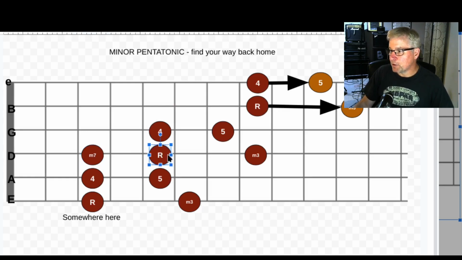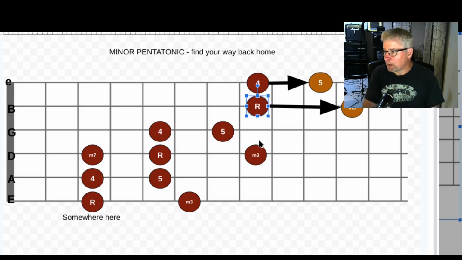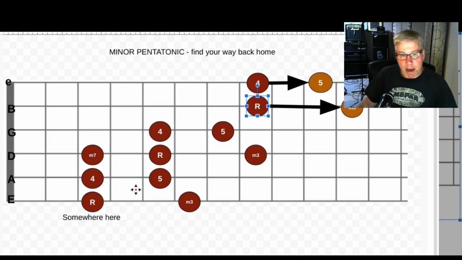It's going to help you locate your roots throughout the fretboard. But if you practice going from left to right, top to bottom on the fretboard, and you practice going from right to left, bottom to top, that is going to help you fill in the blanks around the rest of the fretboard.